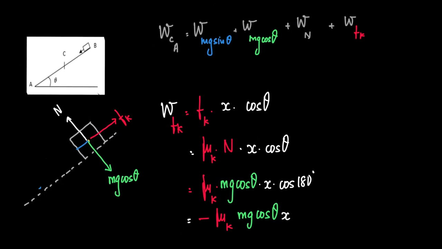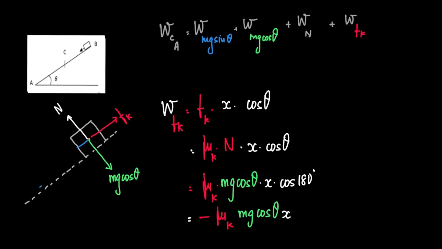And what is work done by friction? Maybe I'll just erase these things, we don't need these to find the work done by friction. Work done by friction is magnitude of friction into the displacement into cos of the angle between friction and the displacement. Now let us see. Displacement is downwards like this.